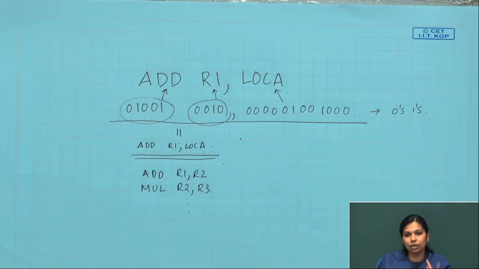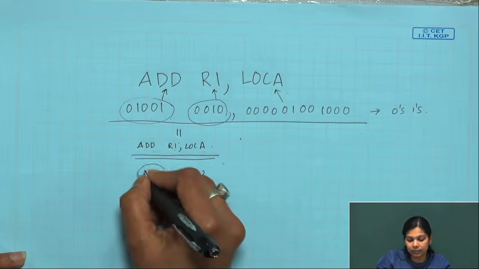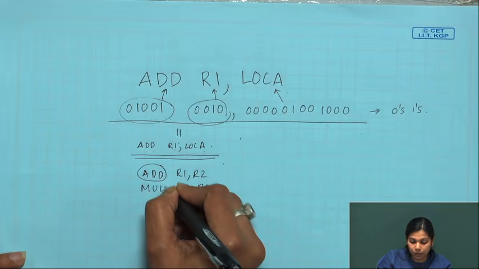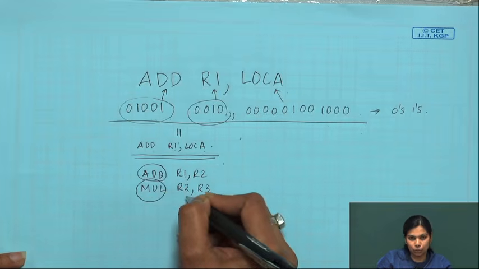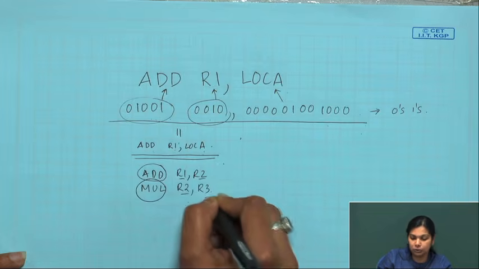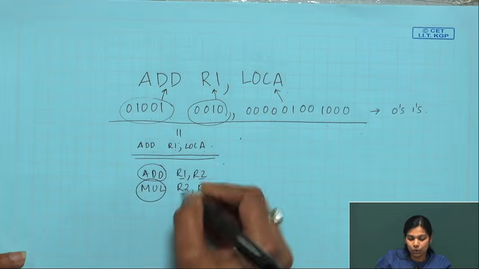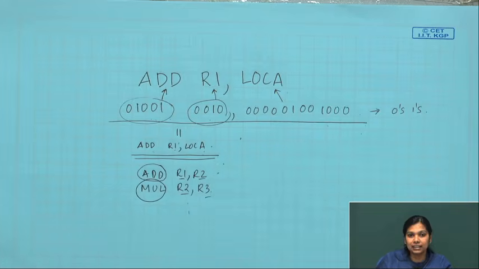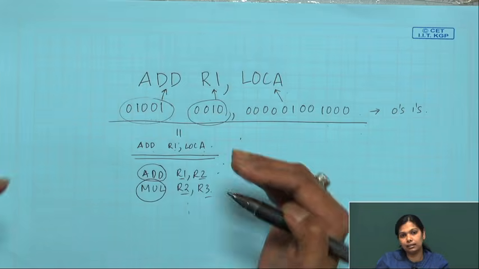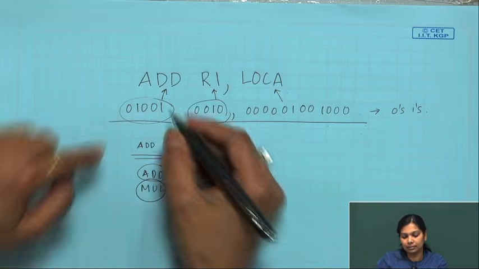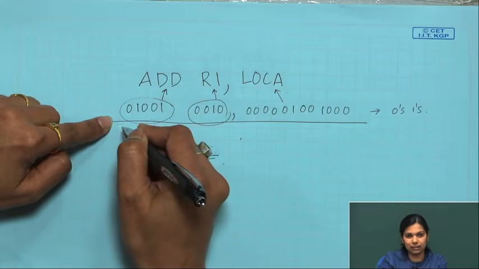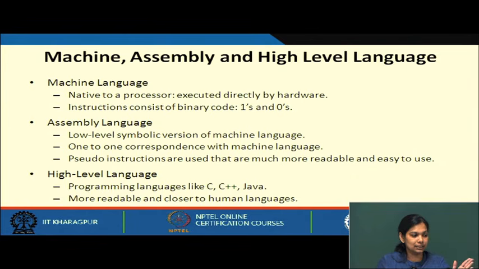But it is not easy to remember the code for add, the code for mul, and the code of individual R1, R2. So, this is an easy way to represent a program. Assembly language is nothing but a one-to-one correspondence with machine language, so we represent it with some mnemonics.